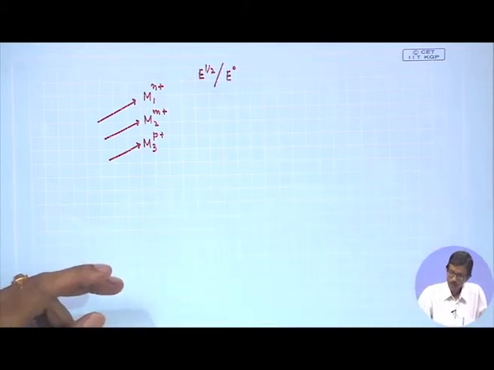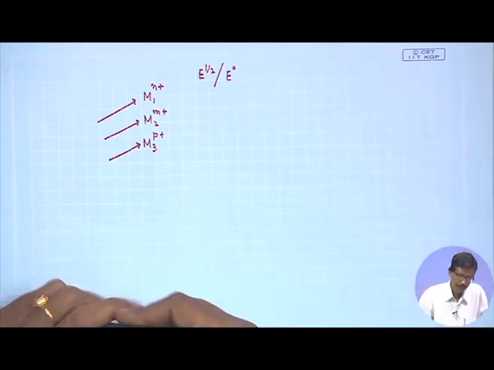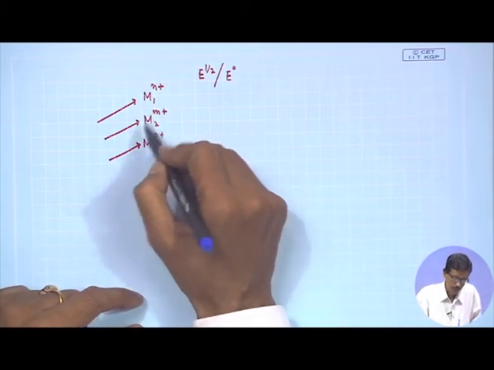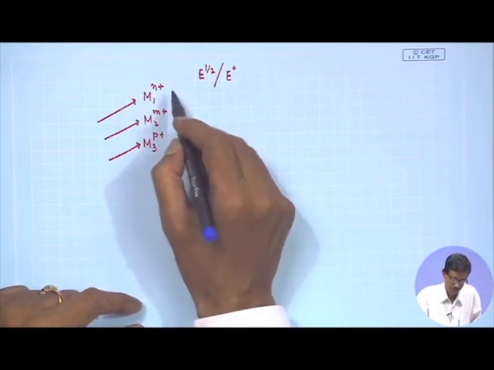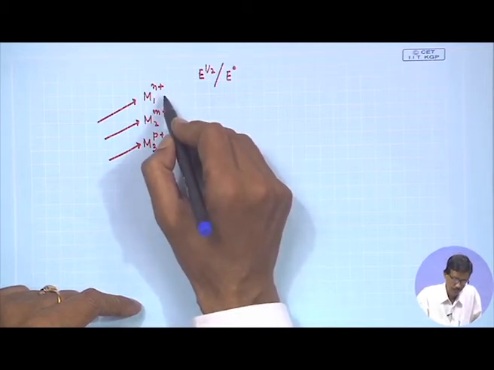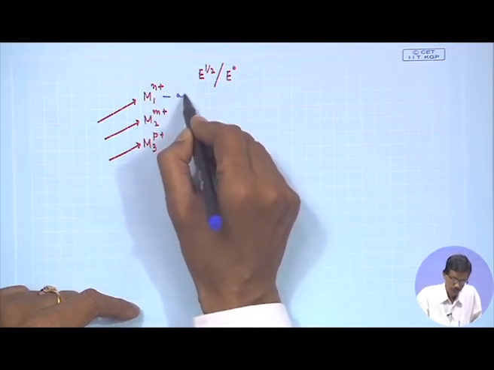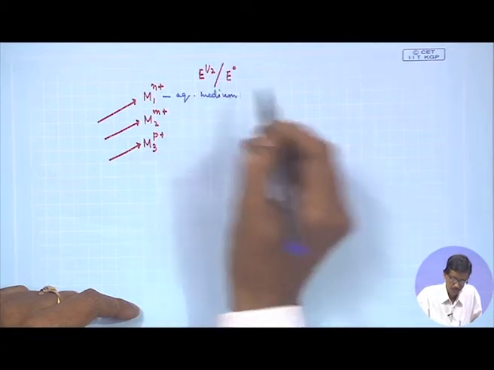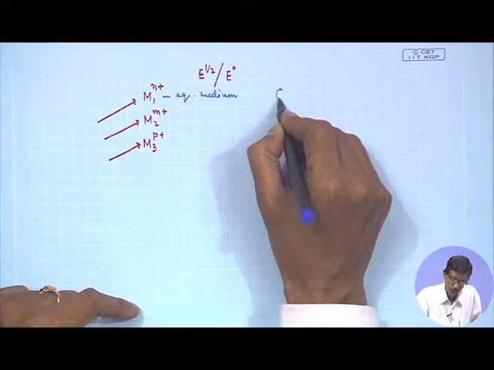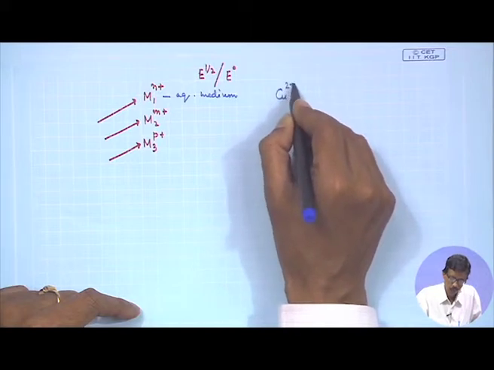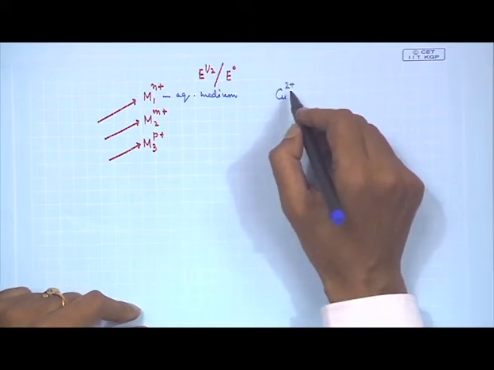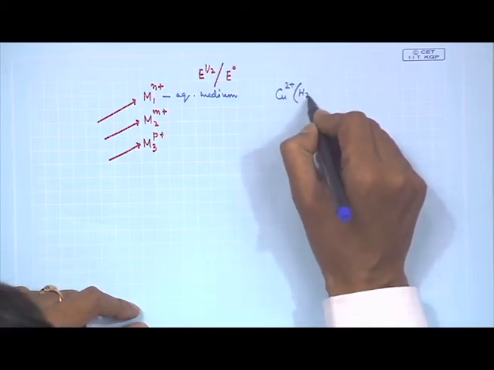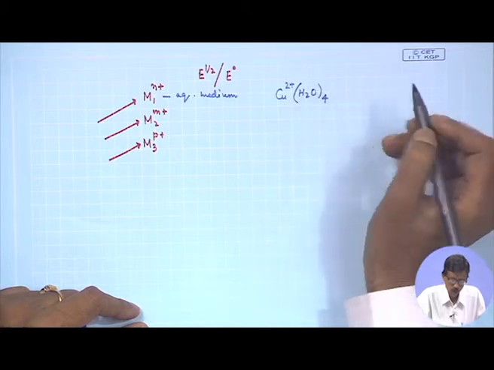So, how much selectivity you have matters, and we all know that if it is binding to some other groups, that means all these species, if you have a solvent like water, that means in aqueous medium, suppose we are talking about the deposition of copper 2 plus. It is not just copper 2 plus; it will be bound to, say, 4 water molecules.